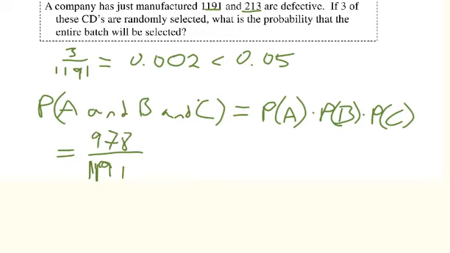So the probability of reaching into the bag and pulling out a CD that is good is 978 divided by the population size, 1,191. Of course, since we're treating the event B as being independent as well as the event C, they will all have the same probability.